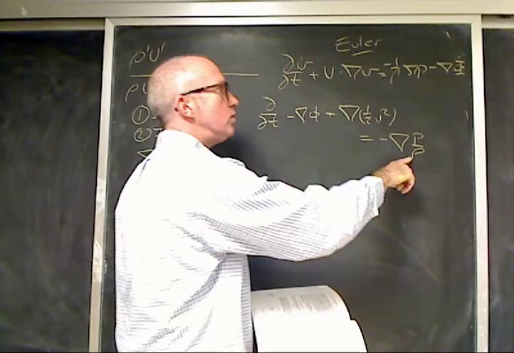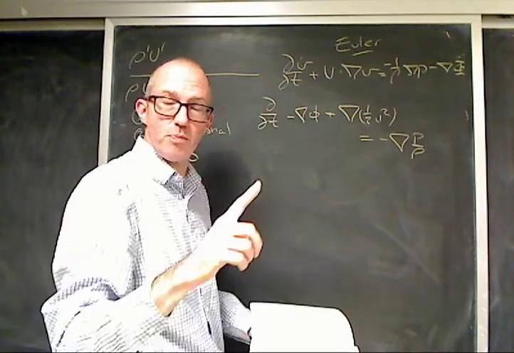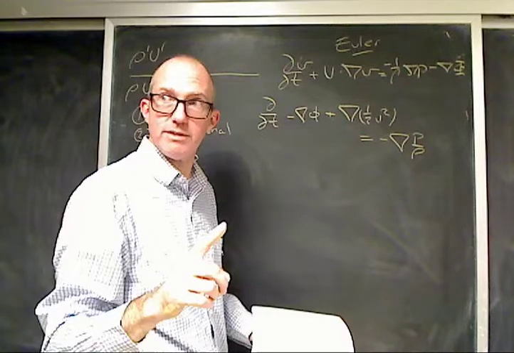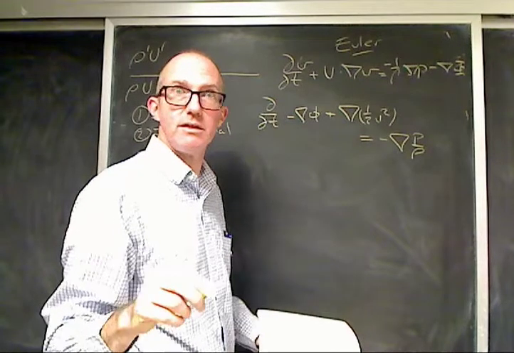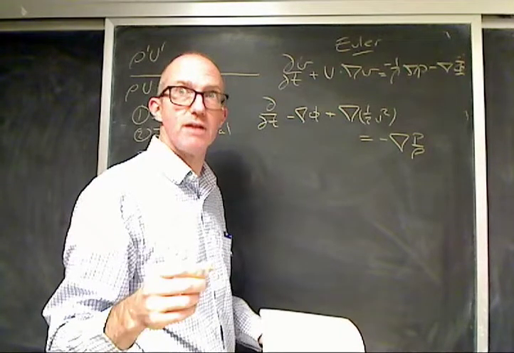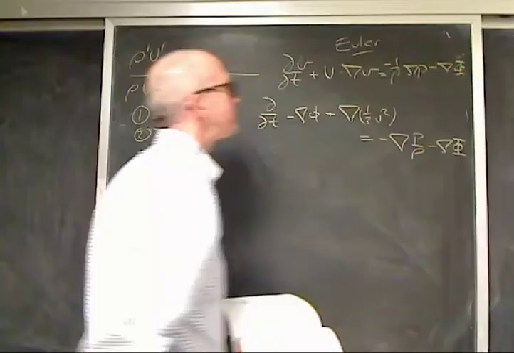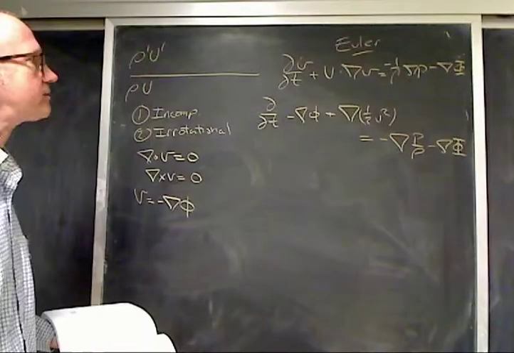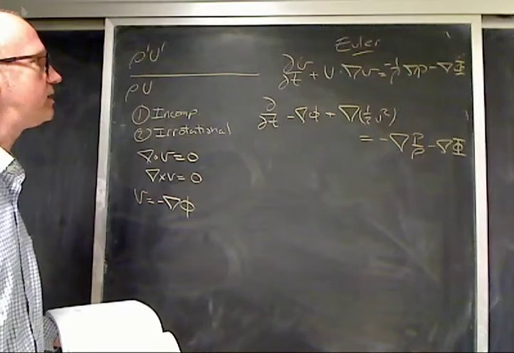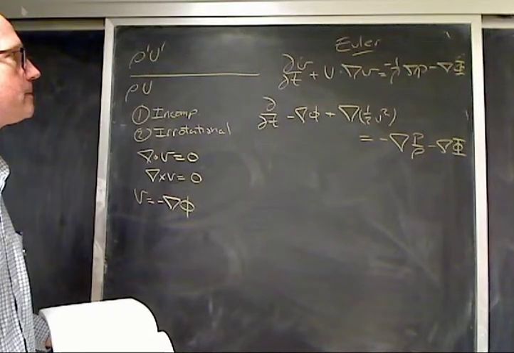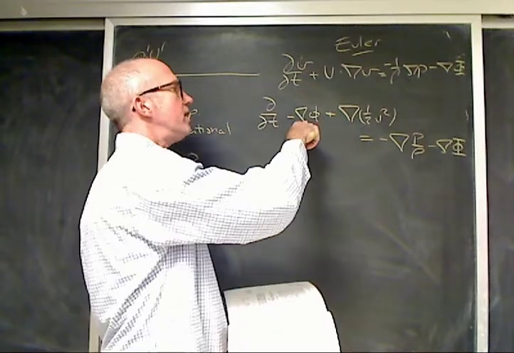Notice I can pull rho into the derivative because it's constant. Minus grad big phi. So I used one vector identity, but other than that, I just plugged in things.